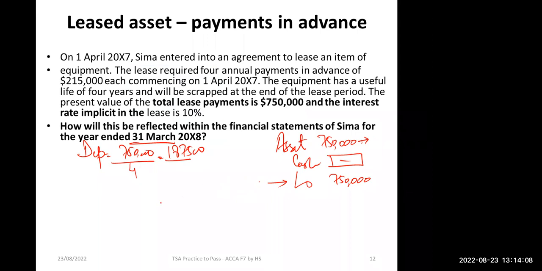The lease obligation will be based on the amortization table. Obligation at start is 7,50,000. Minus 215,000.